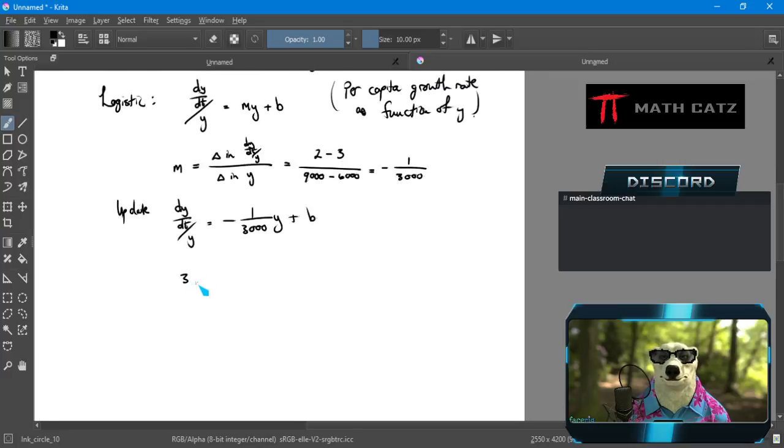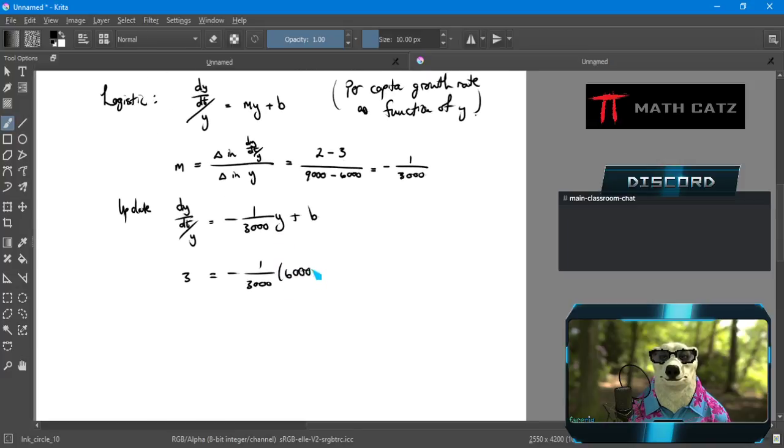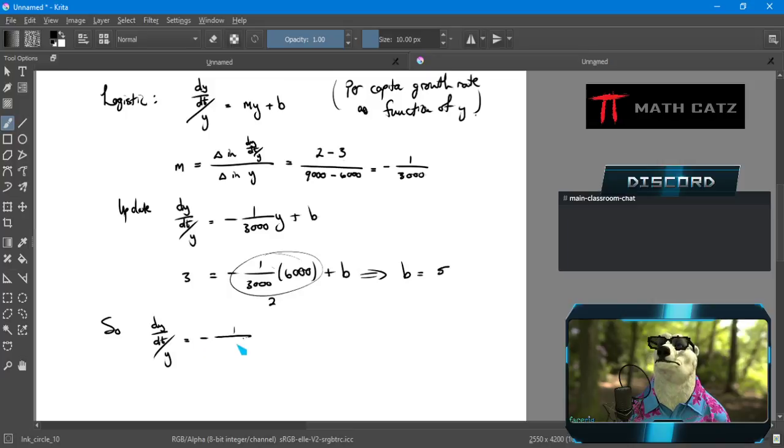Plug that in, so 3 equals negative 1 over 3,000 times, no, it was 6,000, sorry, 6,000 for y, plus b. So this becomes a 2, and b becomes a 5. Finally, we get our per capita growth rate as negative 1 over 3,000 y plus 5.